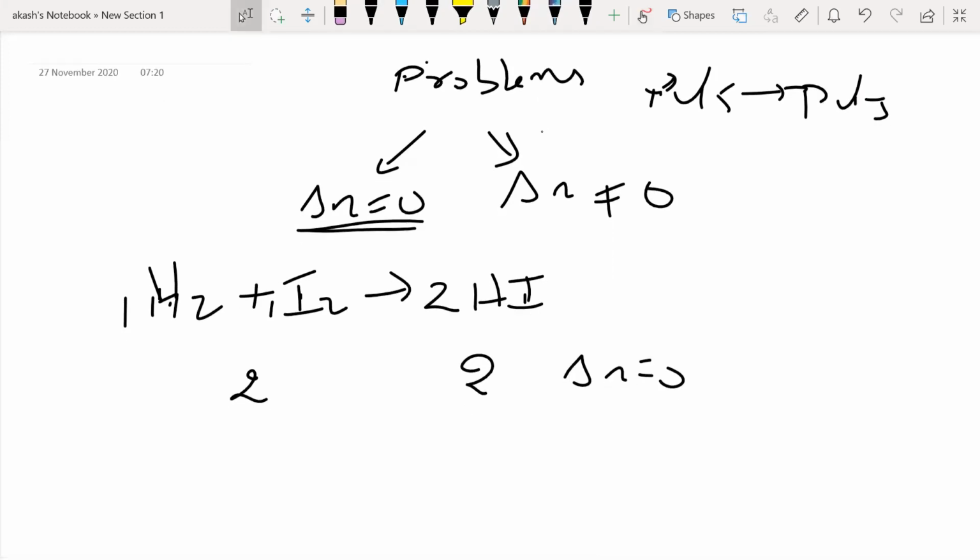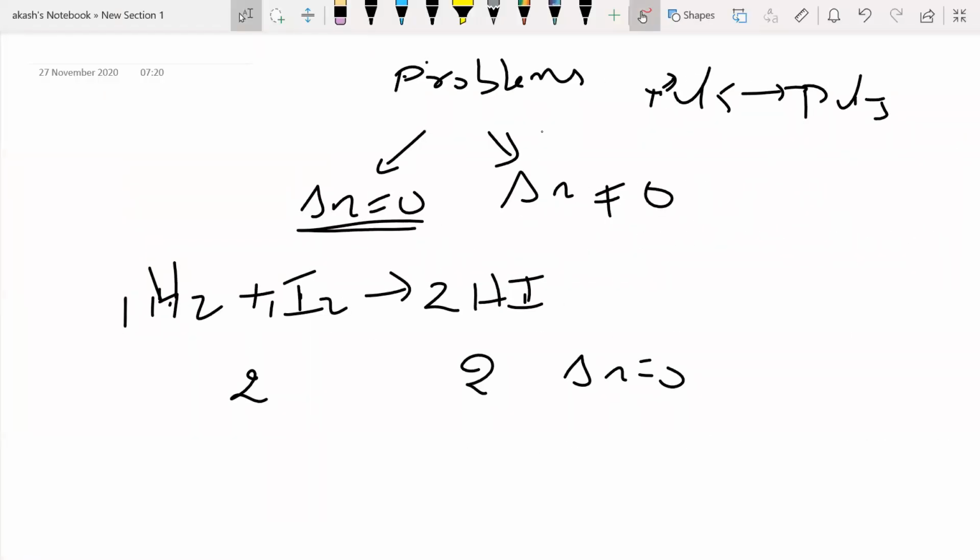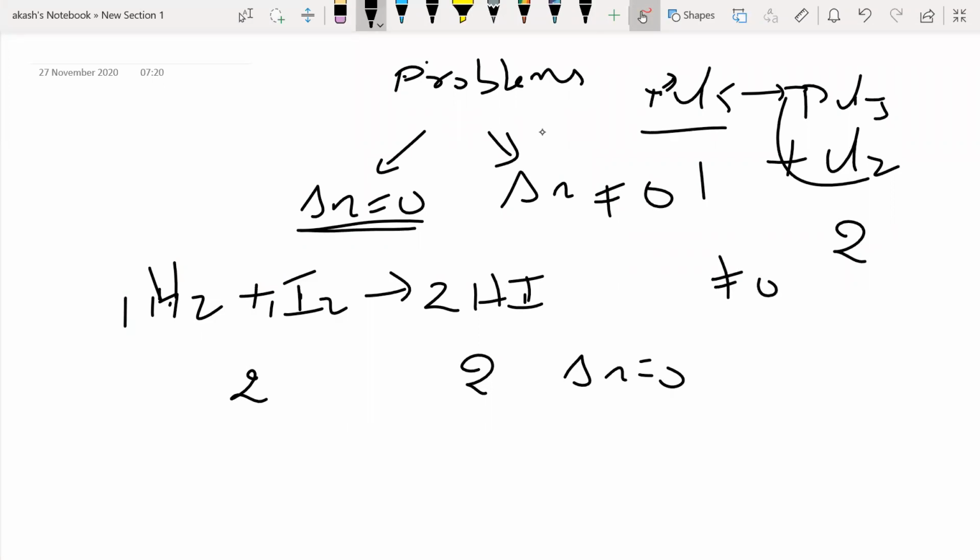What happened? On the product side I have 2, and on the reactant side I have only 1. So definitely 2 minus 1 becomes 1, which is not equal to 0. So hope you understand what I mean by delta n equal to 0 and delta n not equal to 0.